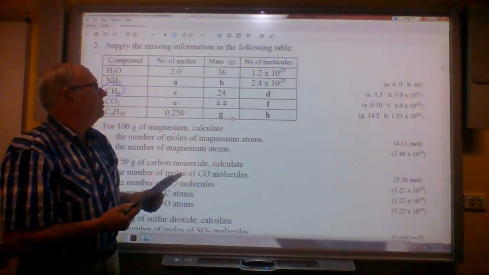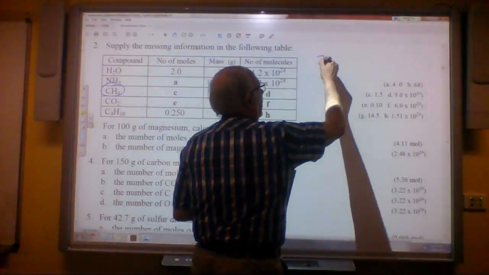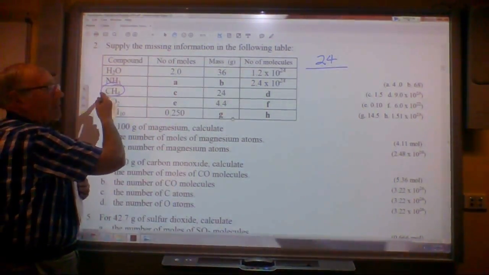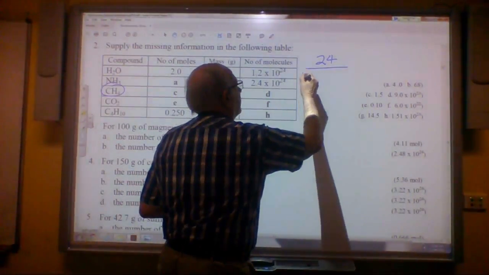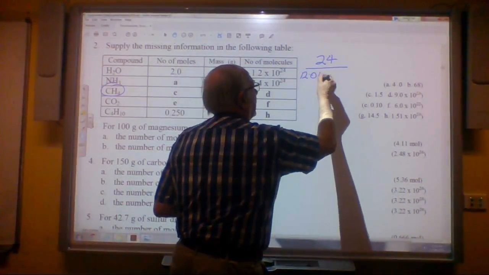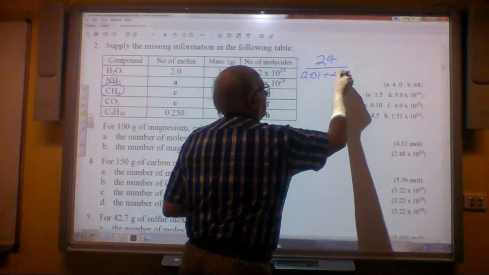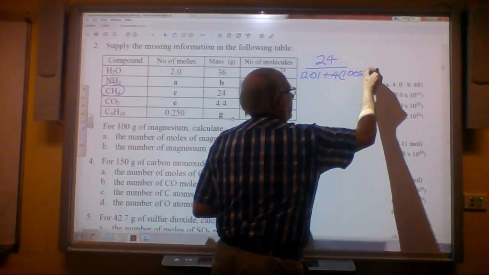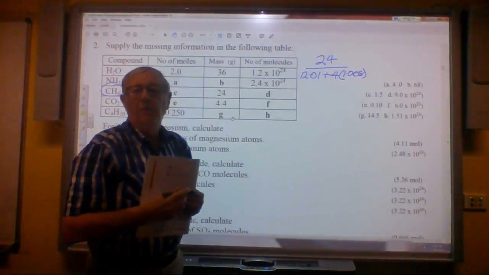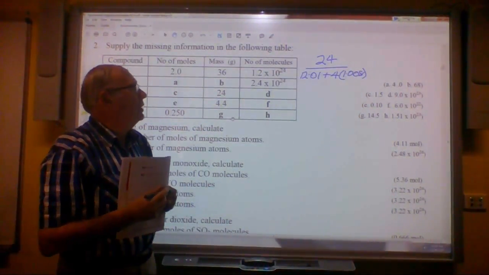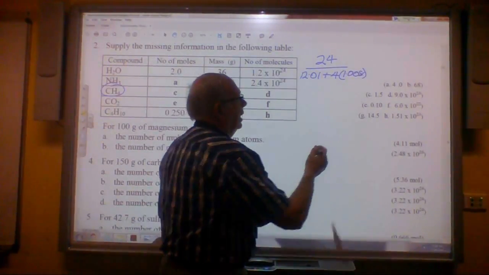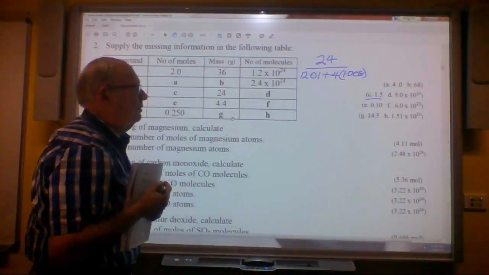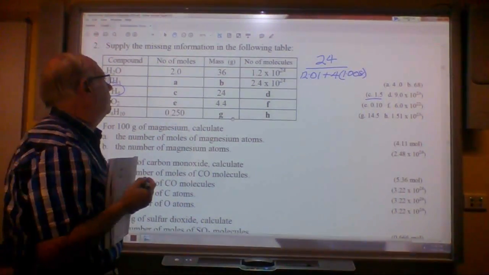So that's 24 divided by the mass of carbon, first of all, which is 12.01 plus 4 times the mass of hydrogen. So we can put those values then into our calculator, and hopefully we get there a figure of 1.5.